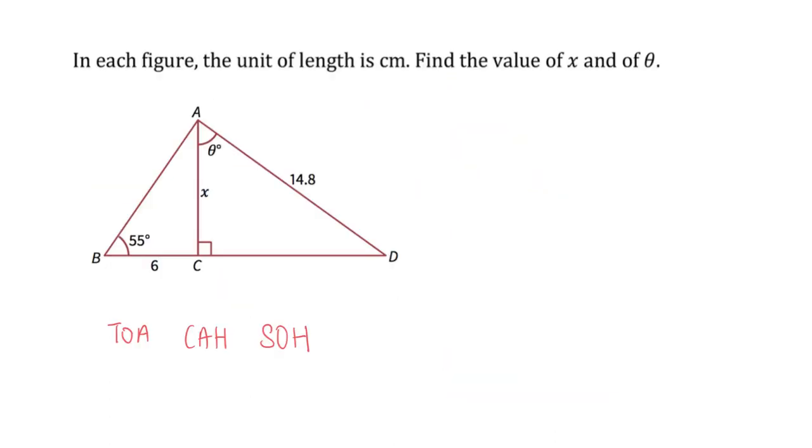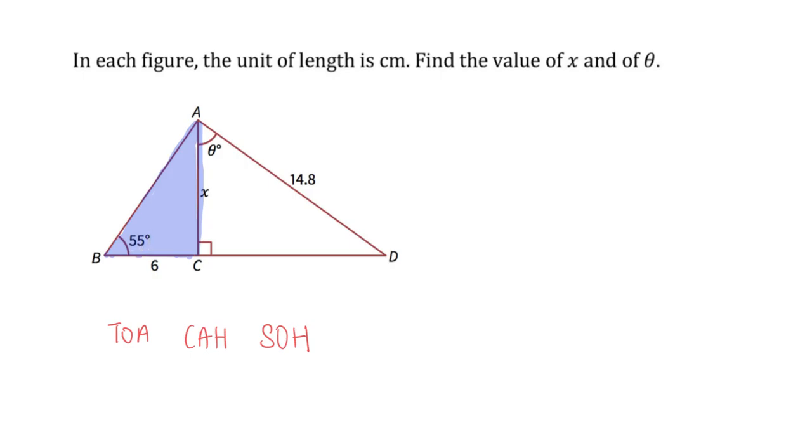Let's move on to more questions. Hello everyone, welcome to this question where we are given this diagram and we are required to find the value of x and of theta. Let's look at x first. I'm going to focus my attention on this blue color triangle, which is also a right angle triangle.